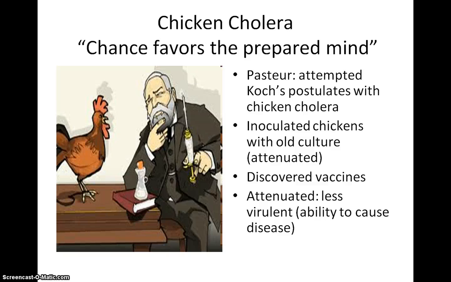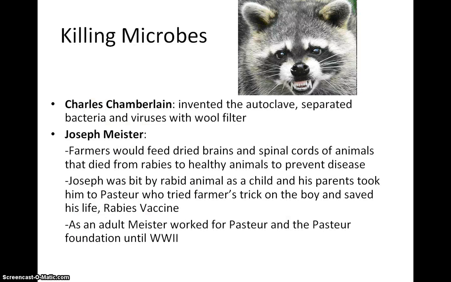So he tried it then again with some fresh cholera, and again the chickens didn't get sick. So by doing this, he actually inoculated the chickens with what is called an attenuated, or non-virulent, non-disease-causing microbe, and this is how he discovered vaccines.